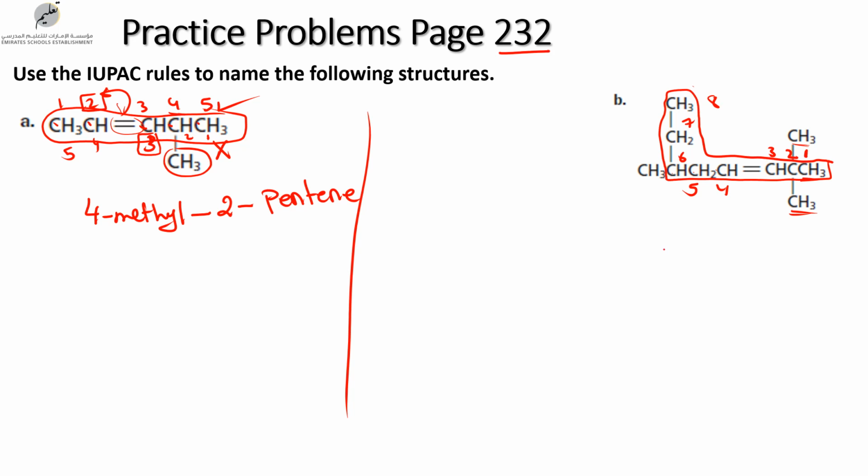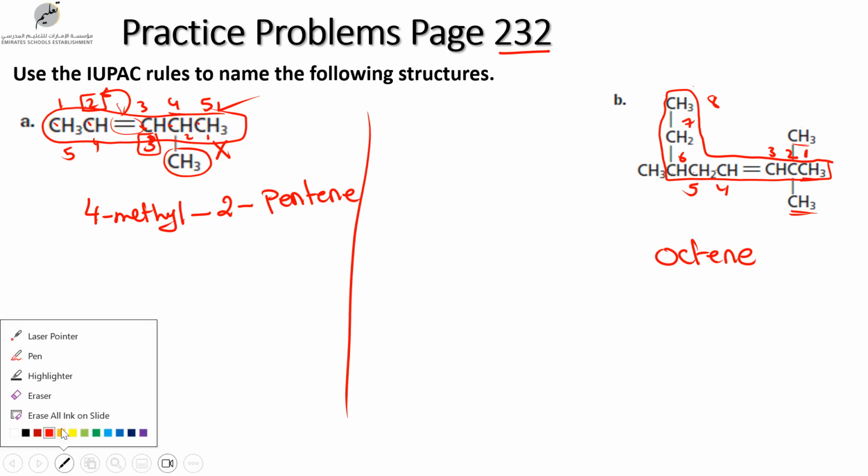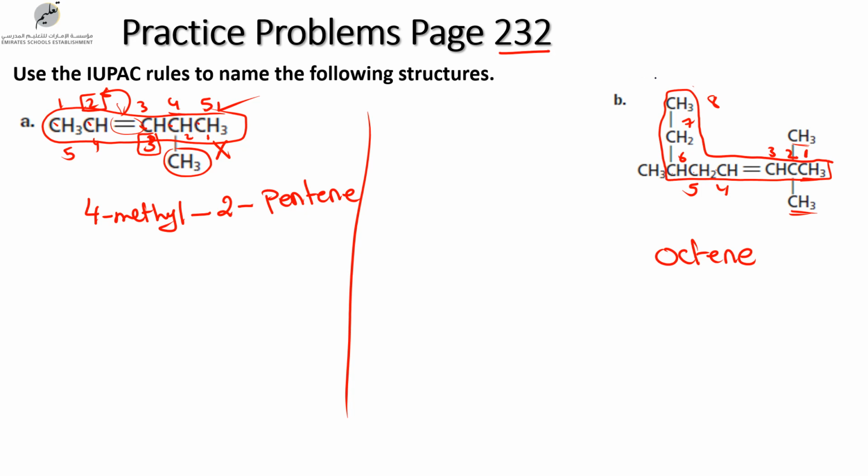So 8 is octene, the parent chain, right? Now, I have 3 methyl groups, 1, 2, and 3. What are their locations? 2 and 2, one here and one here. And this one is carbon 6.